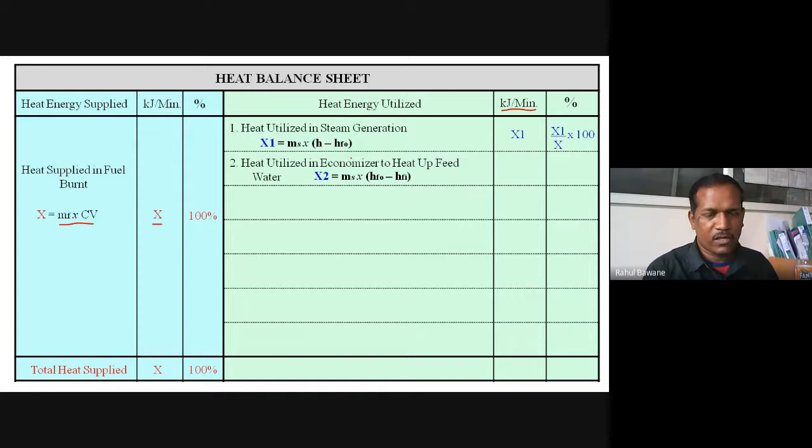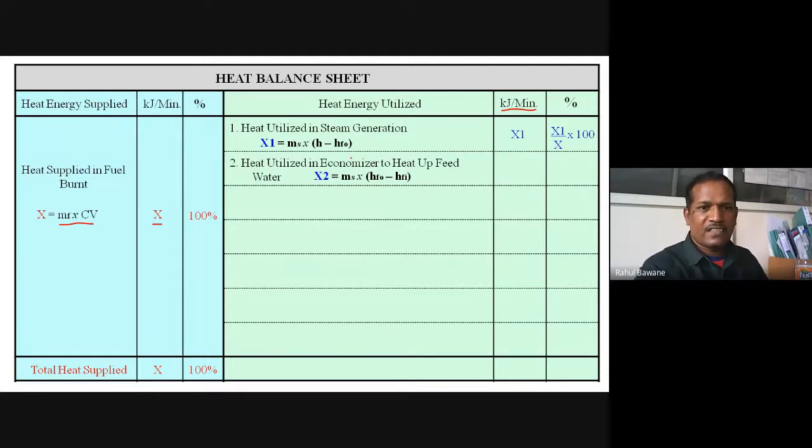Because whatever the water level in the boiler, we have to maintain that level inside the boiler only. Otherwise, your boiler gets overheated. So whatever is converted from water to steam, that much we have to top up from the economizer preheated water.